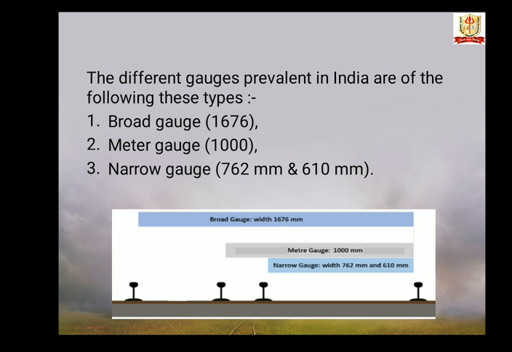This gauge is called a meter gauge, and it is suitable when the funds available for railway projects are inadequate and prospects of railway are not very high. Next is narrow gauge. The clear horizontal distance between the inner faces of the two rails forming a track is 0.762 meter or 0.610 meter. This gauge is called a narrow gauge.